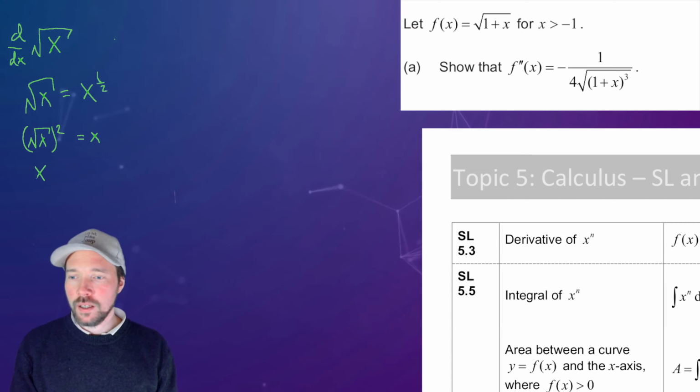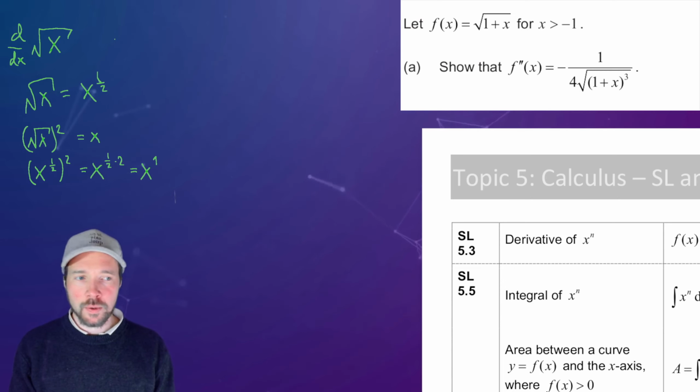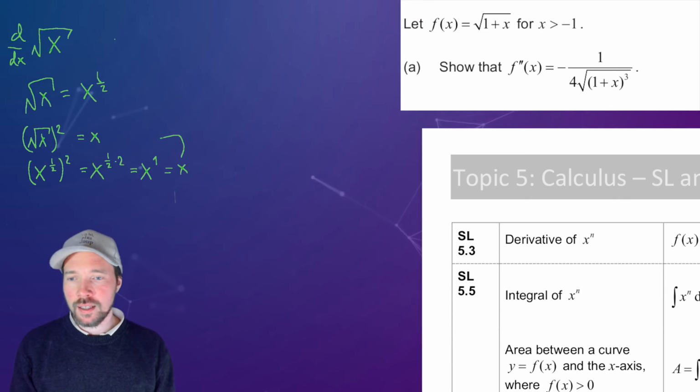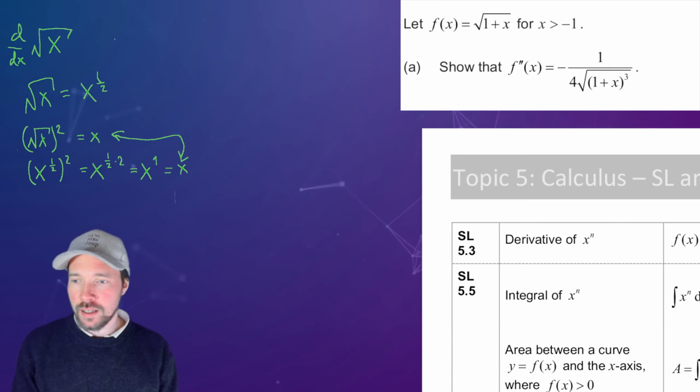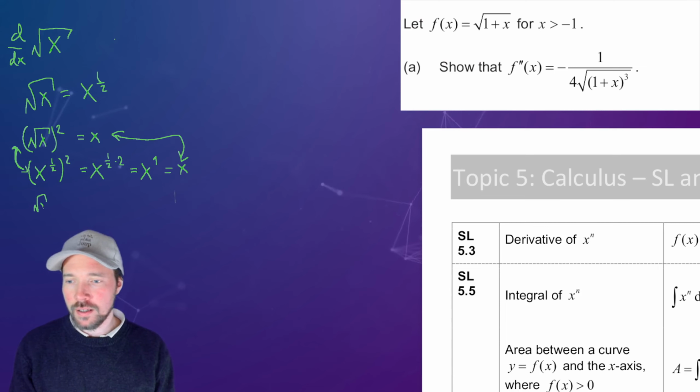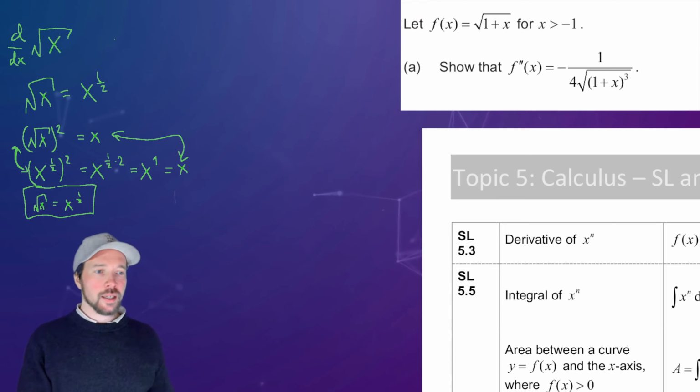But on the other hand, if we take x to the power half and we square that, then using the multiplicative rule of the powers, we get x to the power 1, which is x, which is exactly the same thing. And because it's exactly the same thing, we realize that these things are equal, and canceling the second powers, we realize that square root of x is x to the power half. So this is how you get it.